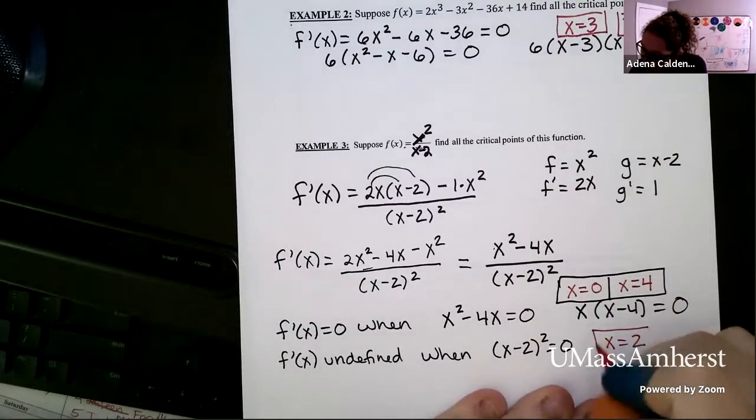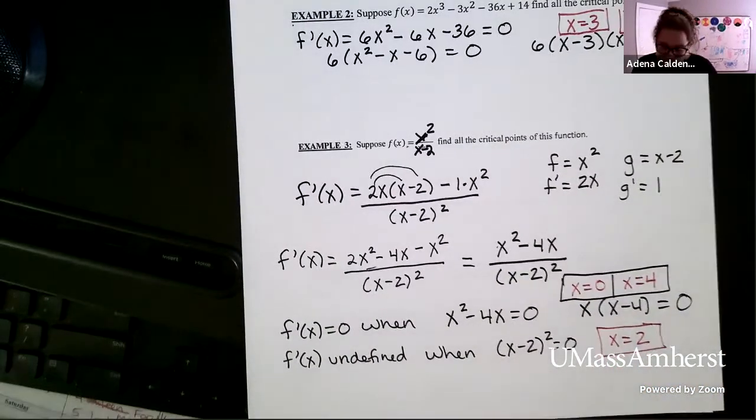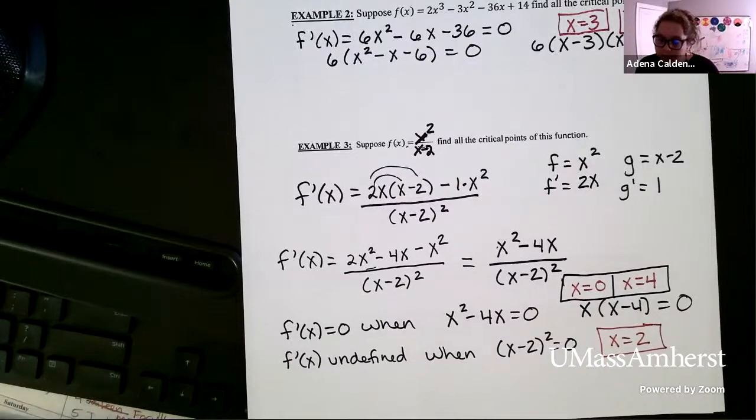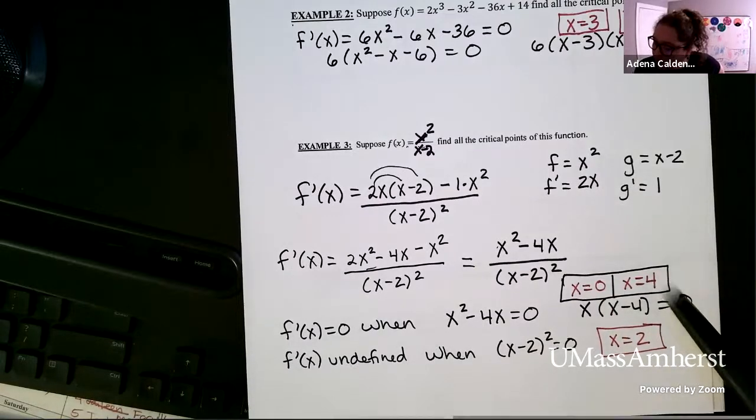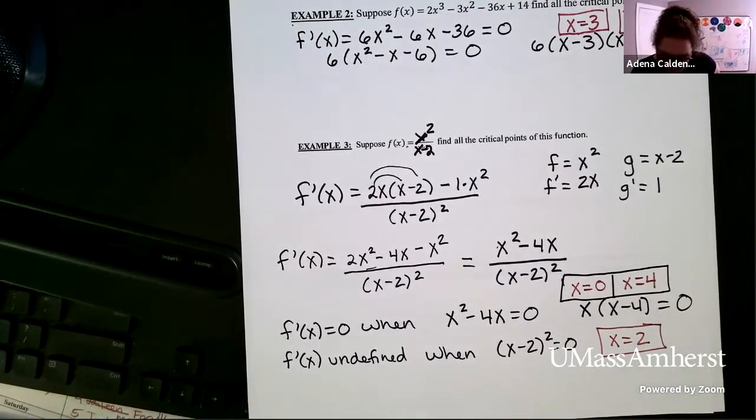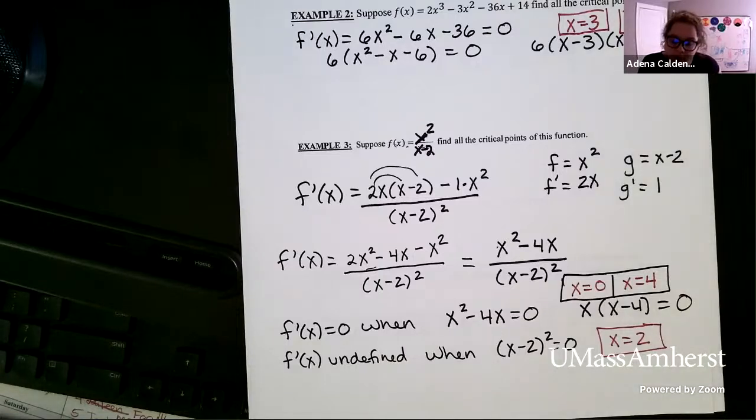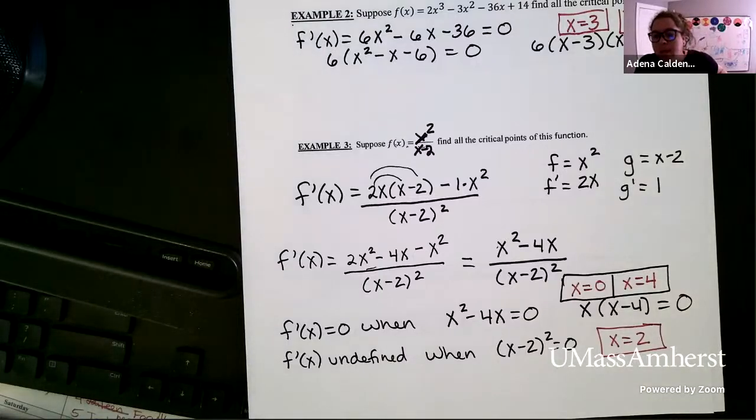So that's another critical point here. So I have 3 critical points, 2 from when the derivative equals 0 and 1 from when the derivative is undefined. So we have x equals 0, x equals 4, and x equals 2. Okay, so hopefully you found all of those. And again, hopefully you see that we're going to be relying on your knowledge of the derivatives from chapter 3 to help move us through chapter 4.